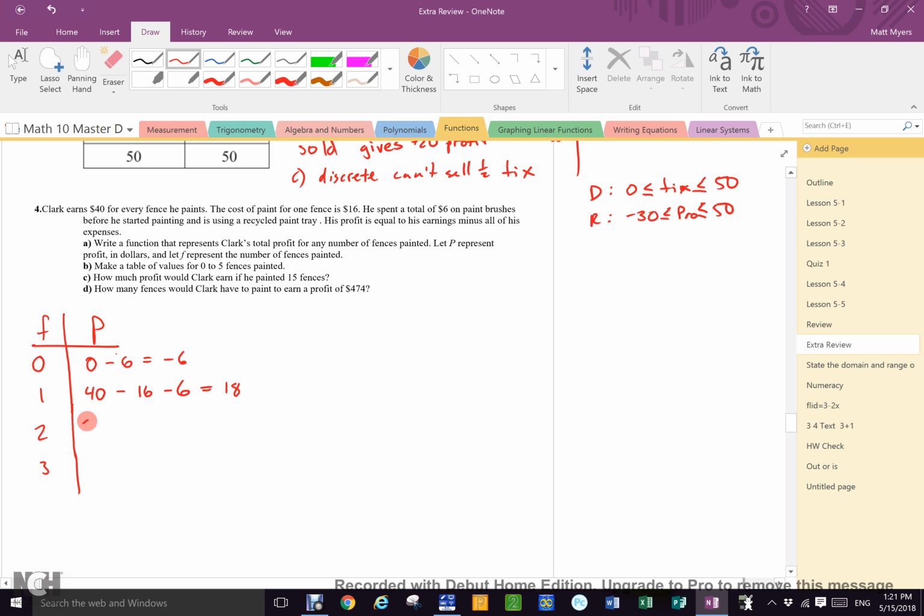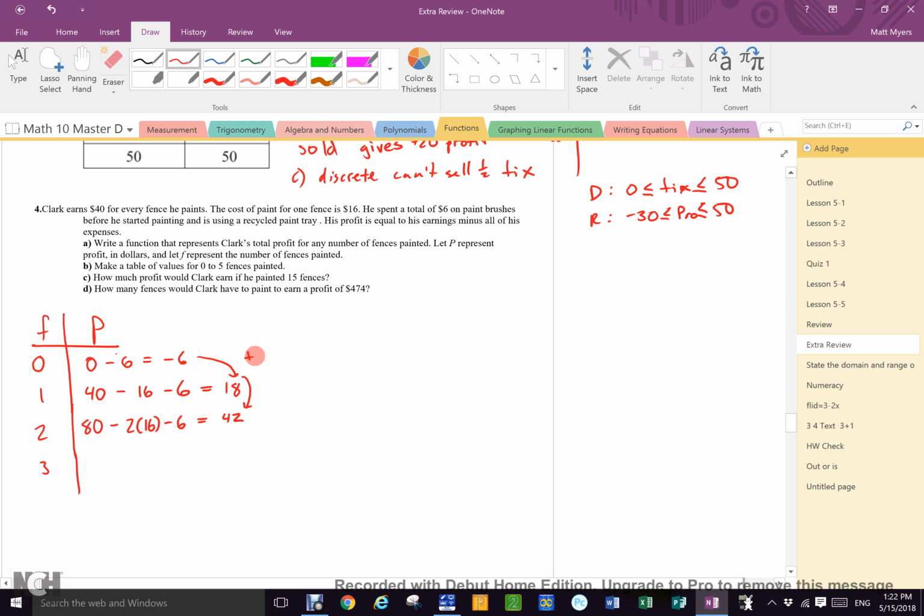The next one, he's earned $80, but he's lost 2 times 16 because he's had to buy the paint twice, but he still has only bought the $6. 80 minus 32 is 48, minus 6 is 42. Now you will notice I'm going up by how much?